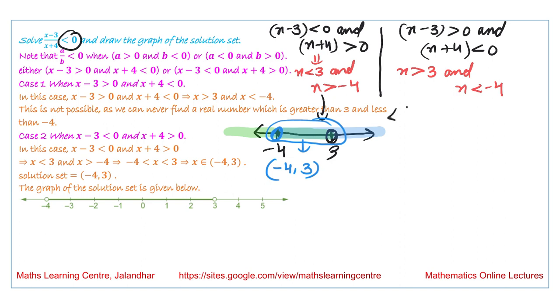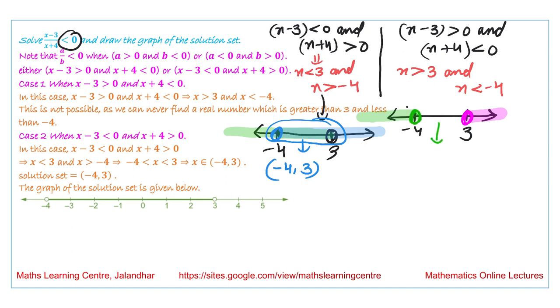In the second case, if we plot the answers, we have this point minus 4 and this point 3. We are talking about x is greater than 3, and this point 3 is not included. In the second case x is less than minus 4, and minus 4 is not included.